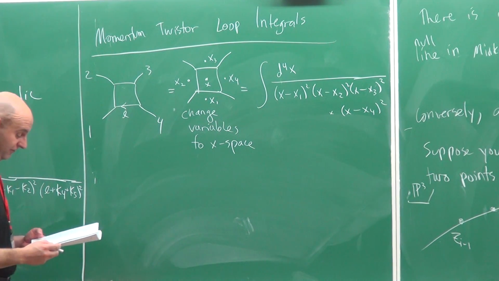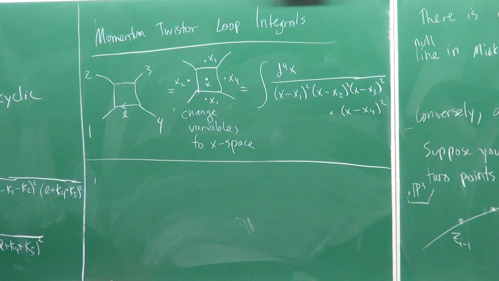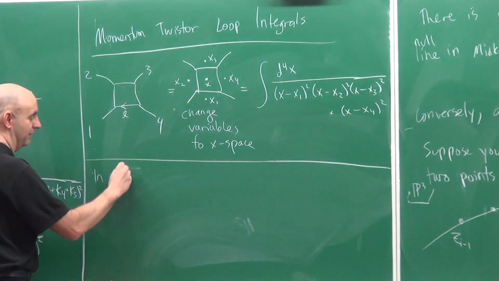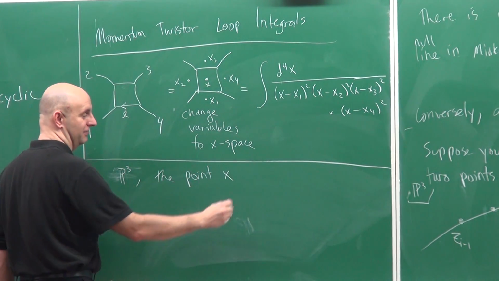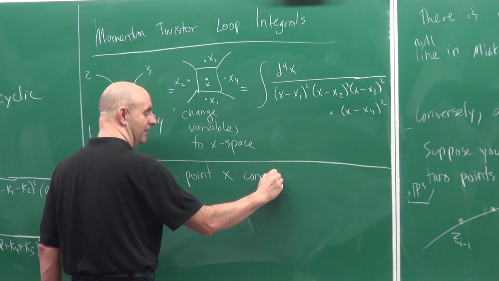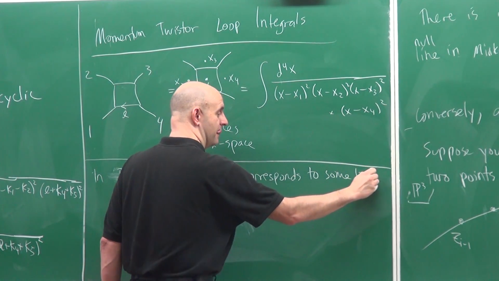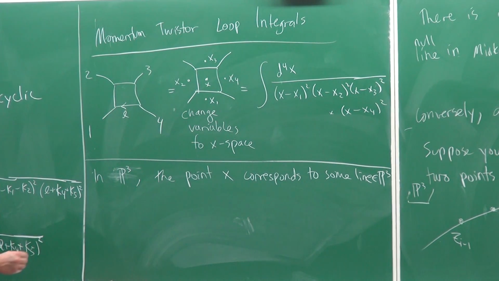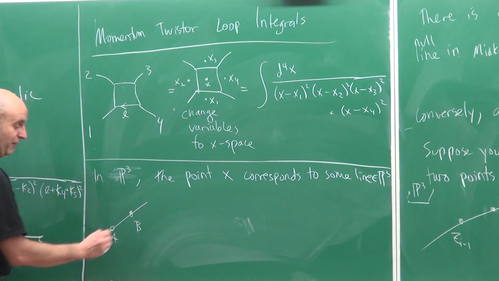Now what we'd like to do is to translate this into momentum twister space. So how do we write loop integrals in momentum twister space? In P3, the point x corresponds to some line. In order to specify a line, we need to specify 2 points in momentum twister space.